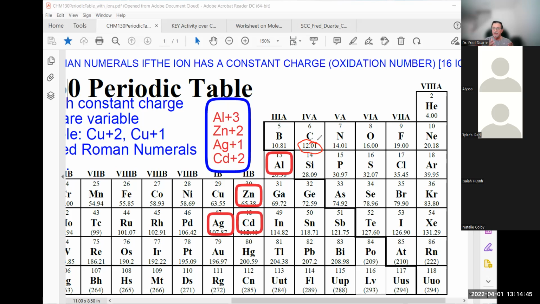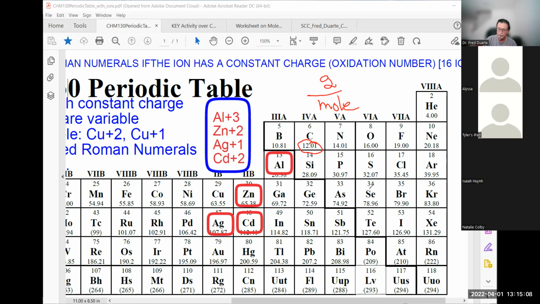Now, these numbers have units. Every atomic weight here has units, and those units are grams per mole, okay? So carbon has an atomic weight of 12.01 grams per mole.